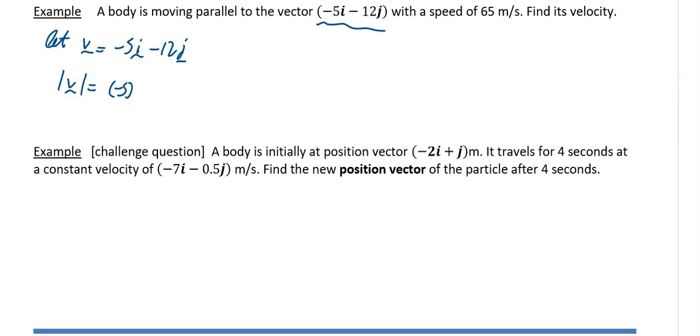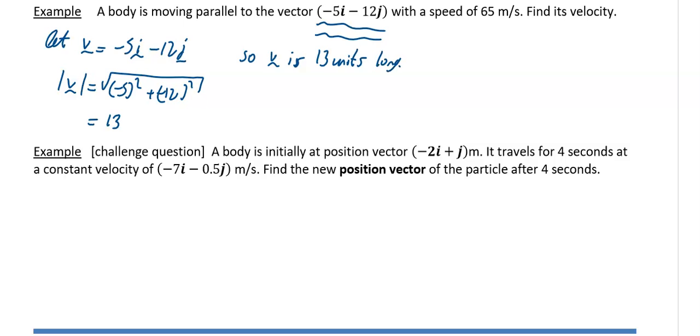So it's going to be the square root of minus 5 squared plus minus 12 squared. Put that into your calculator and what you'll get is 13. So basically this vector is size 13, so v is 13 units long.